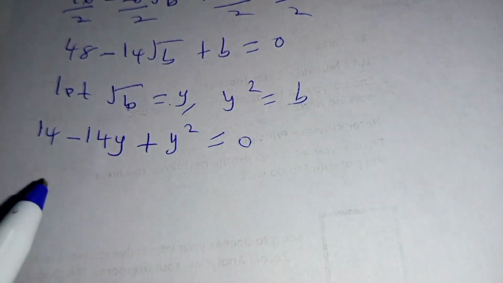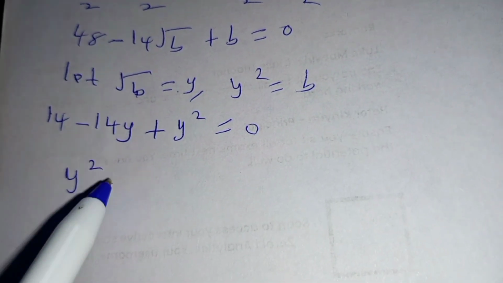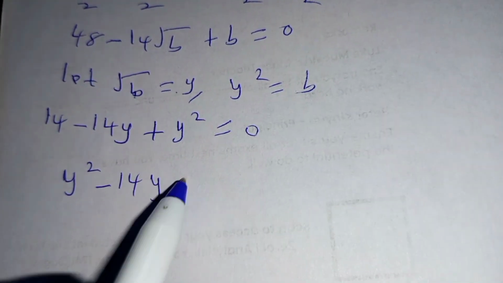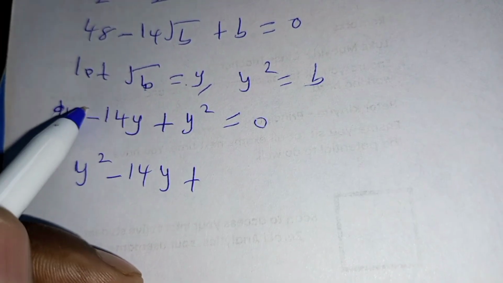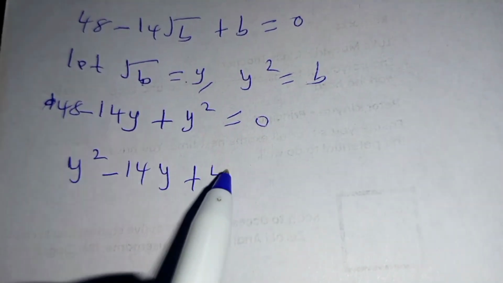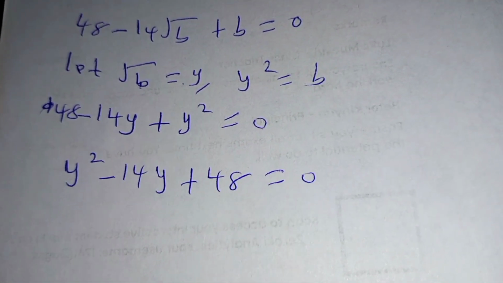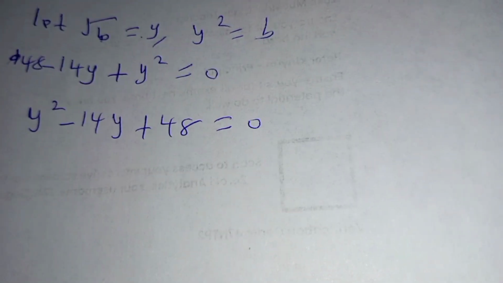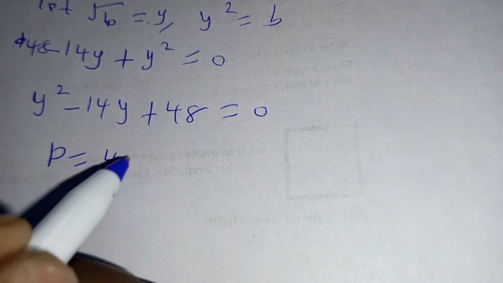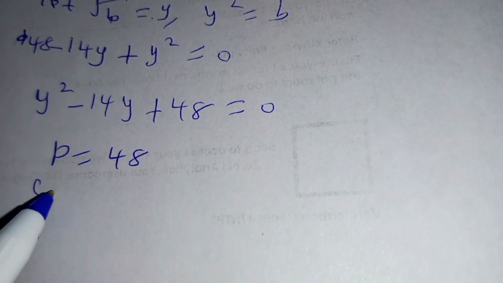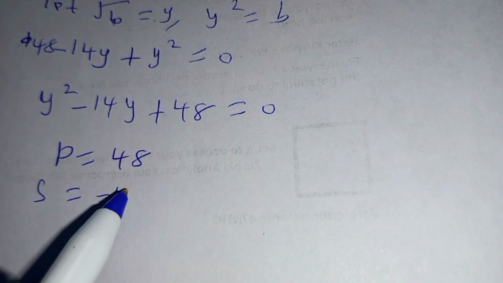So we shall have y squared minus 14y plus 48 is equal to 0. So this is a quadratic equation with the product of 48 and the sum of negative 14.